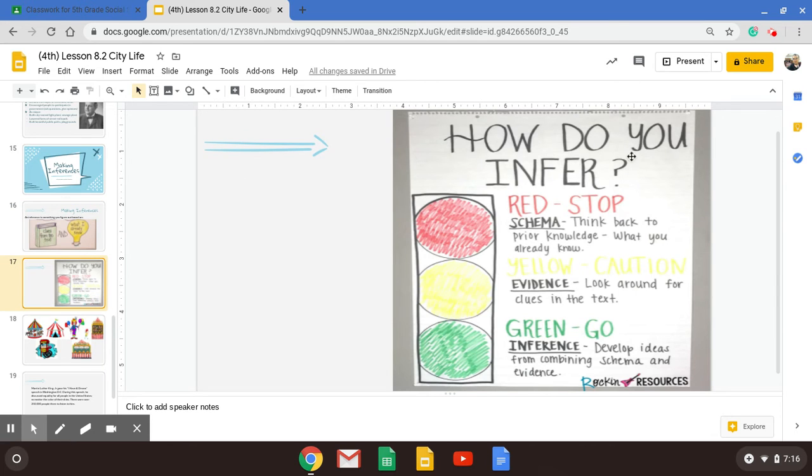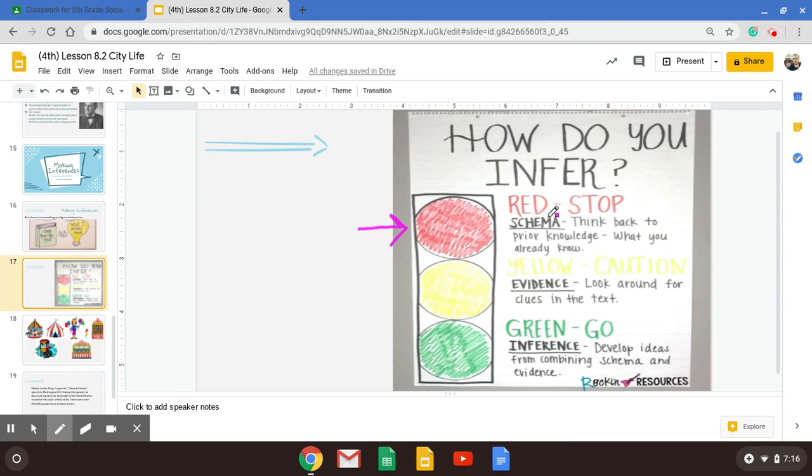So, here's a little way to remember how do I make an inference? What are the steps that I need to take? Well, let's look at this traffic light. The first step you should take is stop. Stop what you are doing. Think back to the prior knowledge that you already have about the topic.